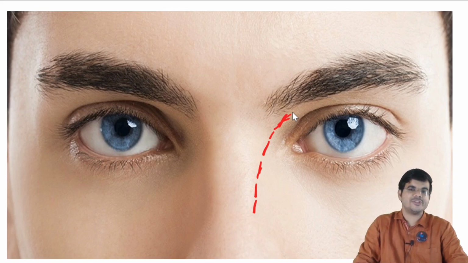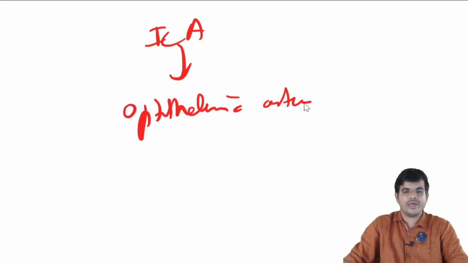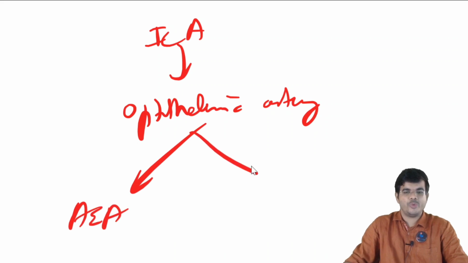So that is the significance of knowing the landmark. So from the internal carotid artery you have the ophthalmic artery, and from the ophthalmic artery you have the branches anterior ethmoidal artery and posterior ethmoidal artery.